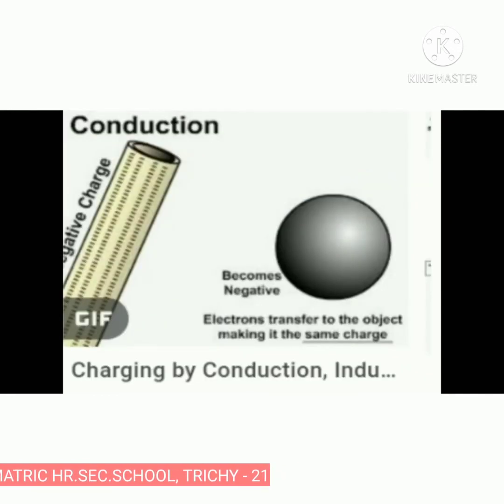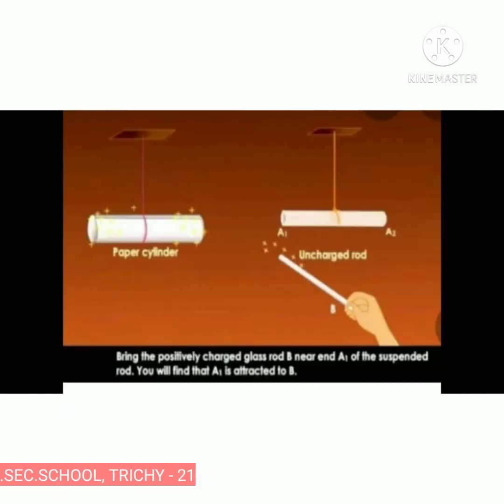Second one, transfer by conduction. Take a sheet of paper and turn it into a hollow cylinder. Tie one end of the cylinder with a silk thread and hang it from a stand.